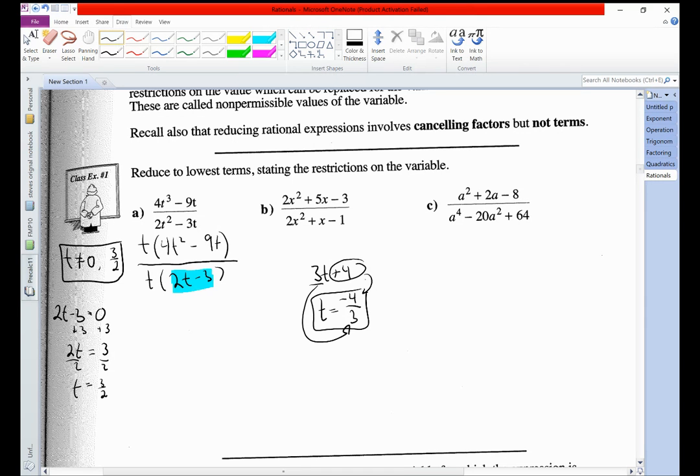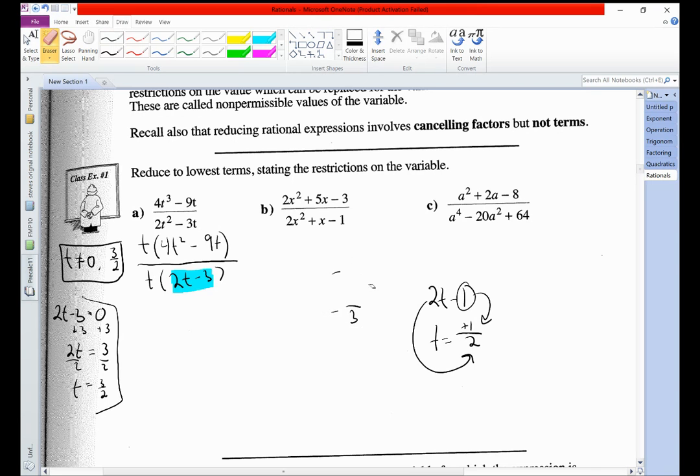So that one would be negative 4 over 3. If you had 2t minus 1, well, the value that makes that factor 0 is going to be positive 1 in the top and 2 in the bottom. Just a quick shortcut way so that you don't have to do that little bit of algebra every time. I'm going to erase that just to get it out of the way.